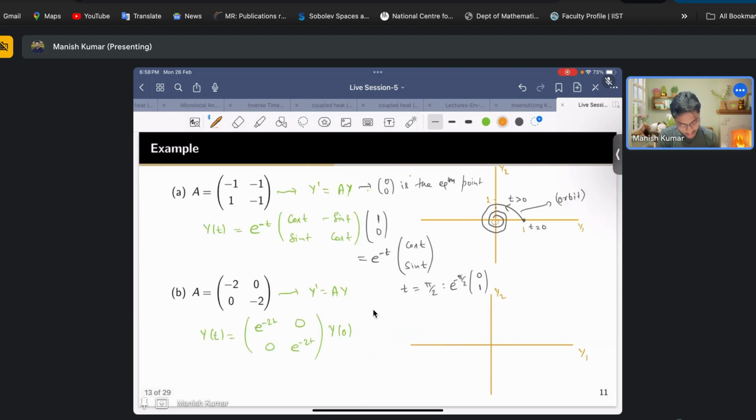So this is one orbit what we have, and here you can see that the limit as t tends to infinity of y(t) is equal to 0, 0, because these two are bounded functions, and we know that this quantity goes to 0 as t goes to plus infinity, right?